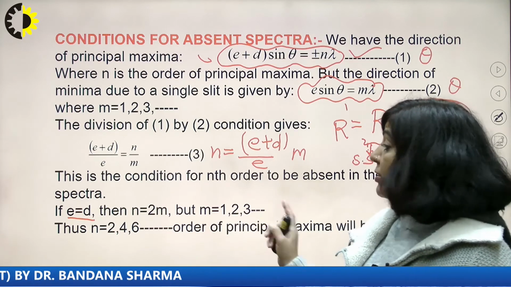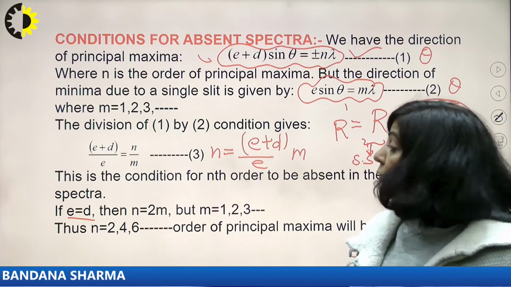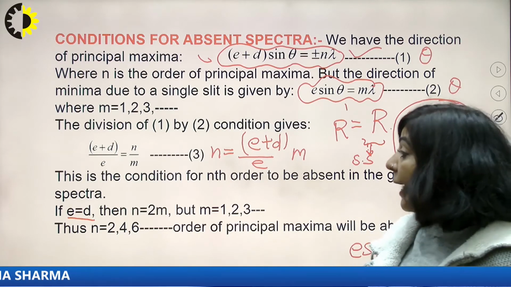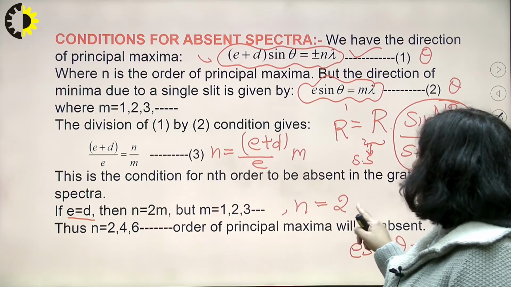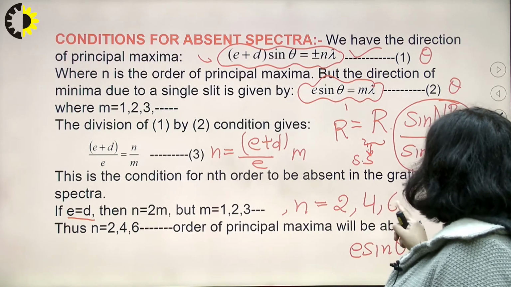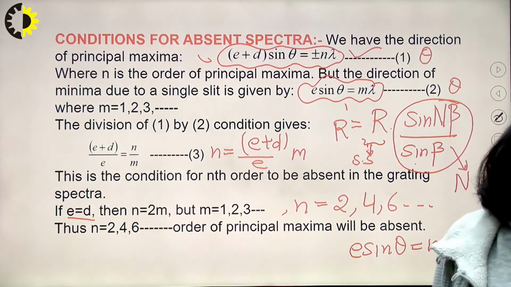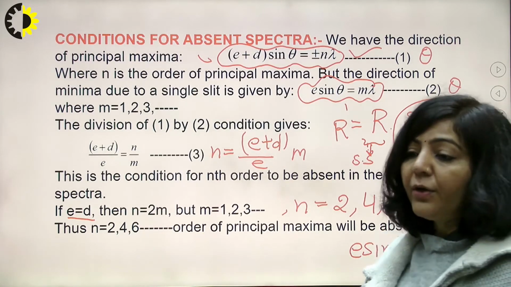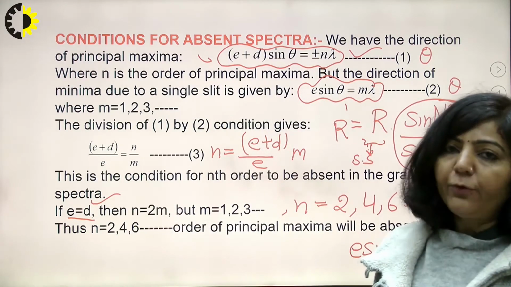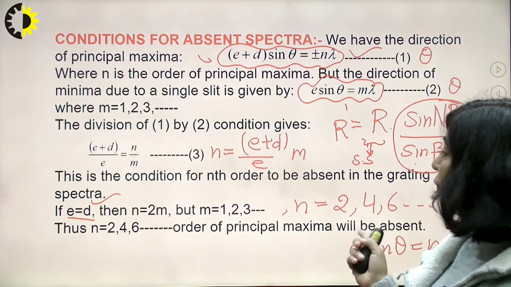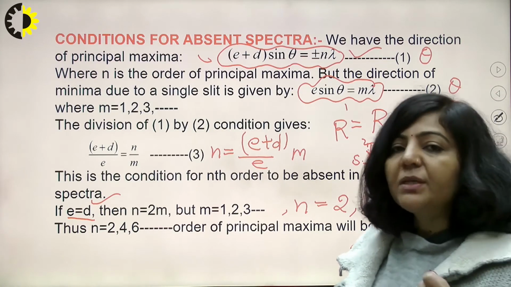So what orders can be missing from the spectra? In this particular case, those orders are second, fourth, sixth and so on. So for a grating where the width of the transparent part is equal to the width of the opaque part, the second, fourth, sixth orders will be missing from the spectra.